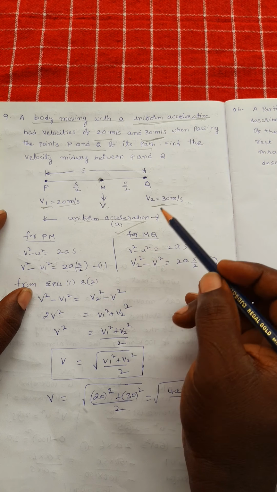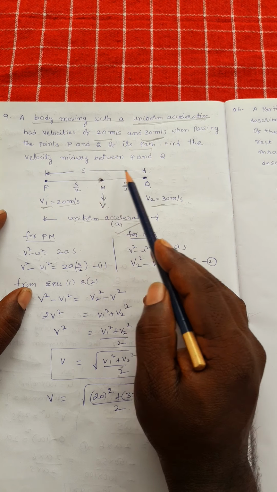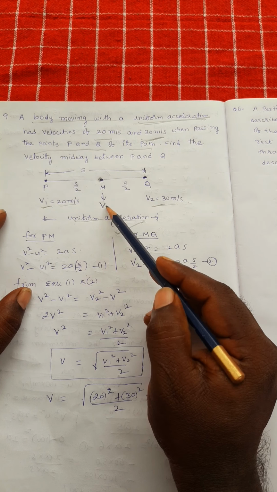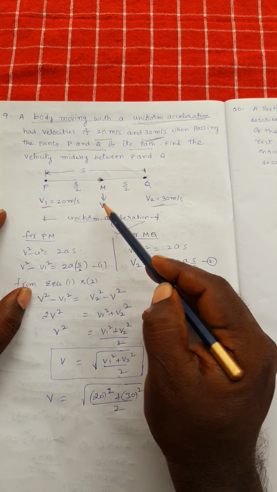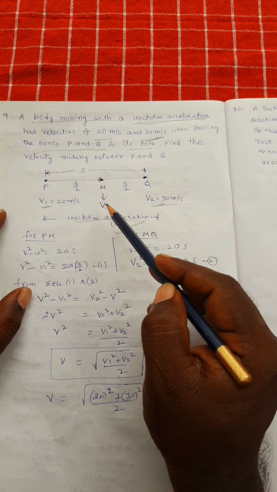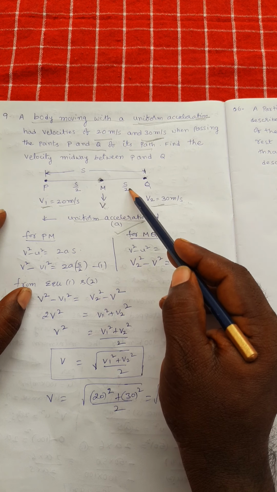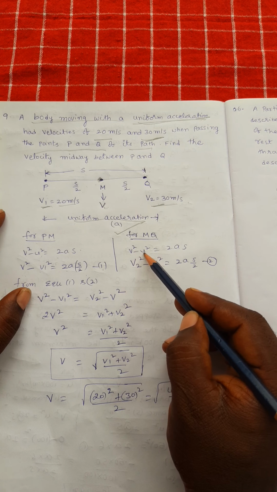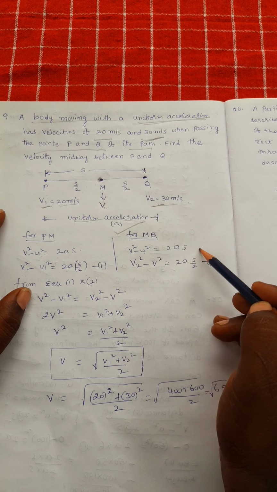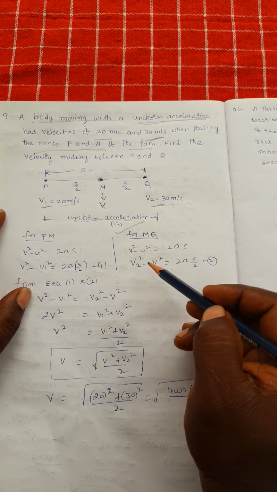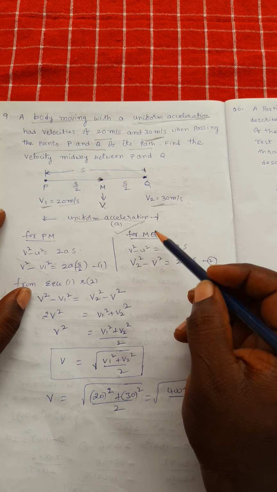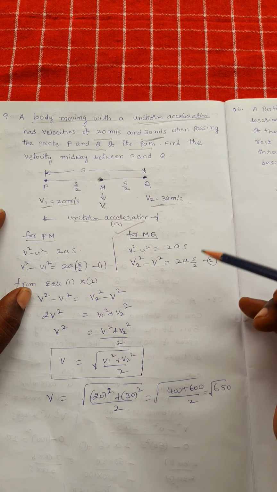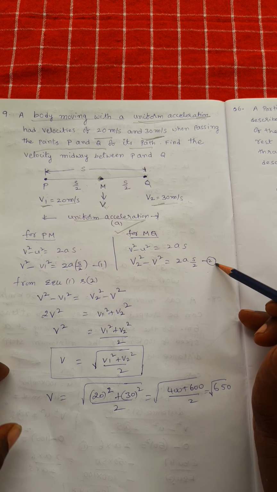Then for case 2, M to Q. For MQ, here also initial velocity is V, final velocity is V2. Initial velocity, final velocity, and the distance are given. We can use the third kinematical equation: V square minus U square is equal to 2as. So here final velocity V2 square minus initial velocity V square equals 2a, the distance between them is S by 2. Consider this as equation number 2.